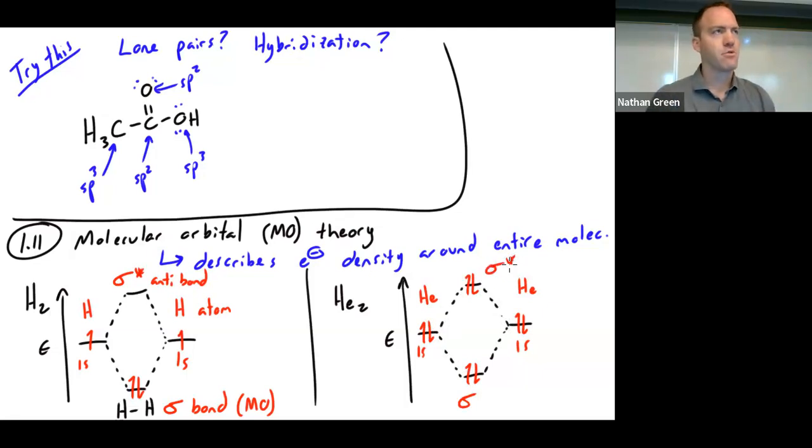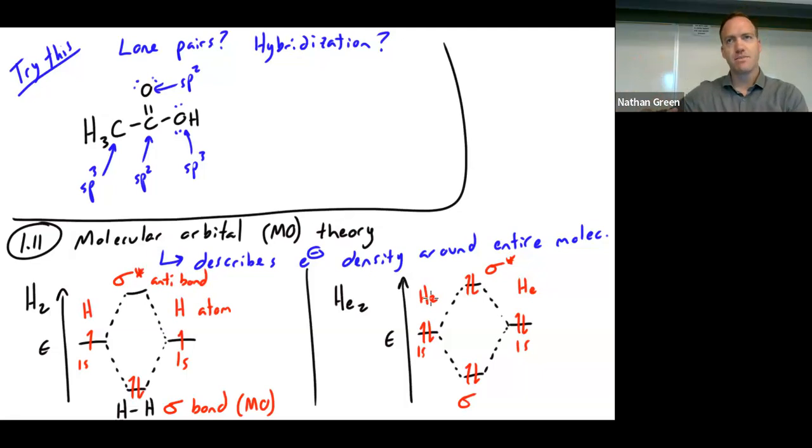Do heliums form a bond? No. This is why. When a helium tries to share electron density with another helium, it is as beneficial as it is destructive. So they go up and go, hey, nice to, never mind, we're good. And for that reason, if I had 2 tanks of gas up here in front of me, a hydrogen tank and a helium tank, if I opened the hydrogen tank, hydrogen molecule would pour out, H2 as a molecule.